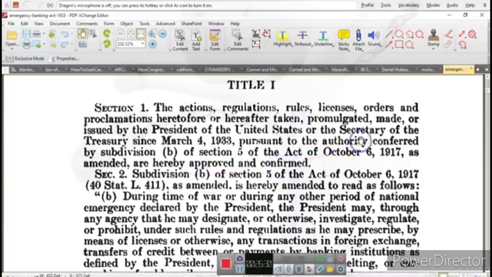Excuse me? That's right. During time of war or during other period of national emergency declared by the President may, okay, through any agency, including the courts. Ladies and gentlemen, administrative courts or executive courts, as they are.